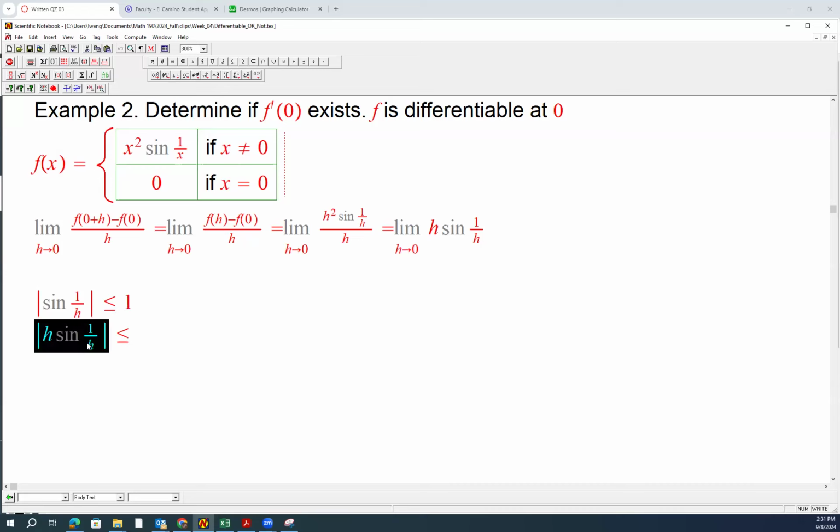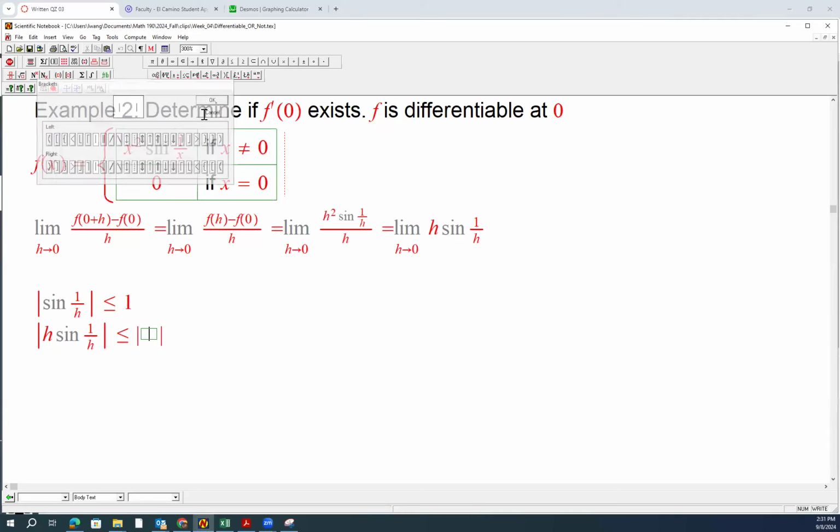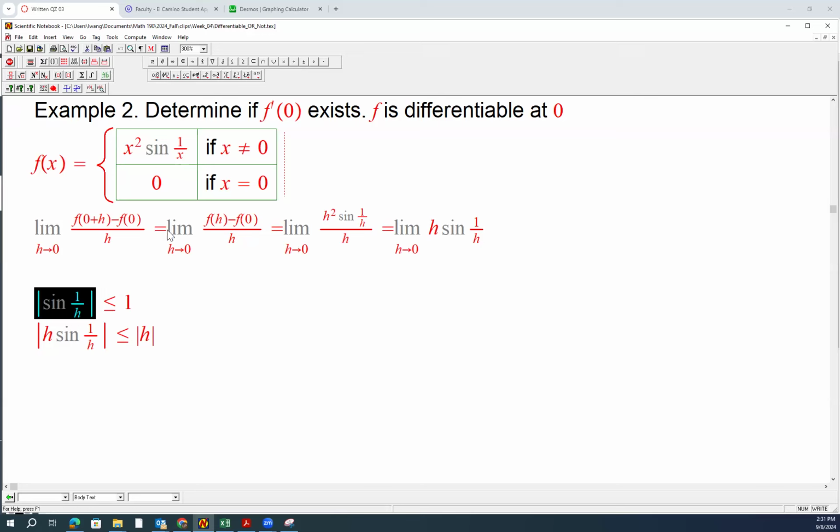So when I take the absolute value of h times sine 1 over h, that's going to be the absolute value of h multiplied by the absolute value of sine of 1 over h. And because this piece is less than or equal to 1, this is going to be less than or equal to the absolute value of h.